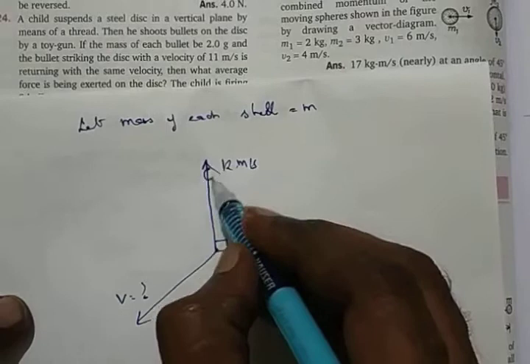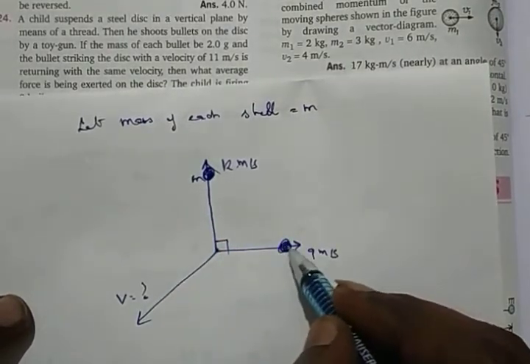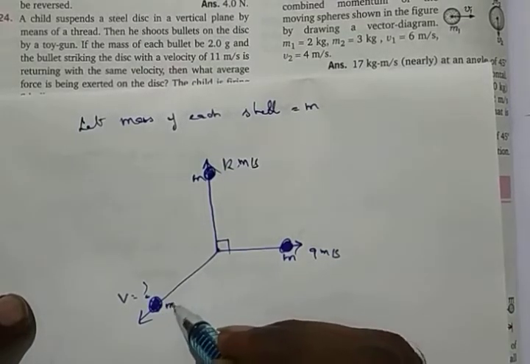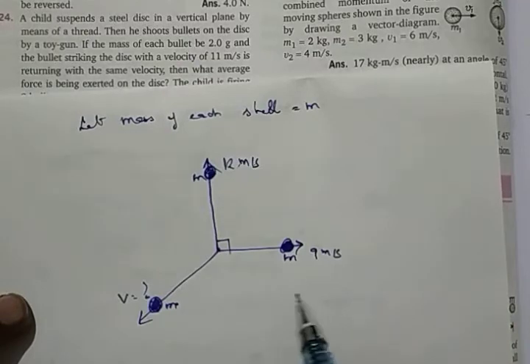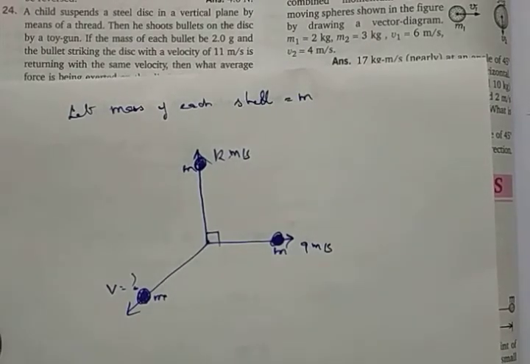This mass is m, this is also m, and this is also m. All the 3 shells have mass m. Now we need to find the velocity here.